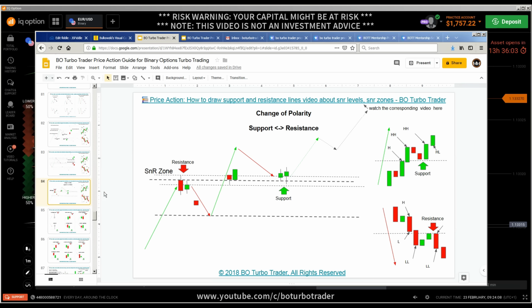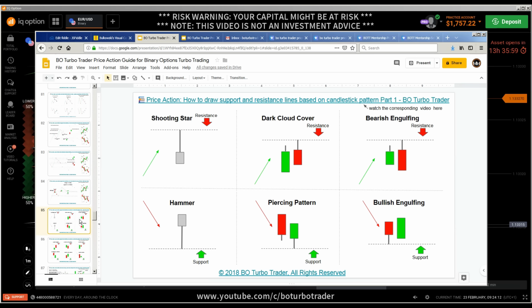Okay. And then the last part here about resistance and support based on candlestick patterns. I have to explain this again, because last time I got a question about something else. When I'm showing you a shooting star, a hammer, a piercing pattern, or dark cloud cover, or whatever, then it's only a symbol for all kinds of reversal candles.